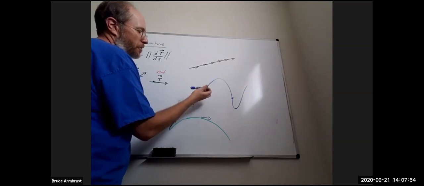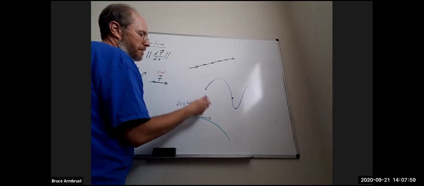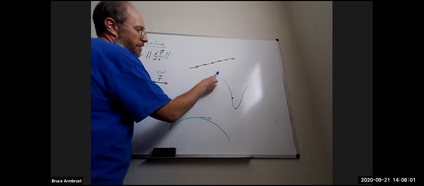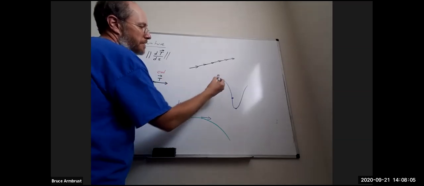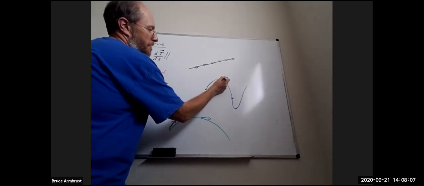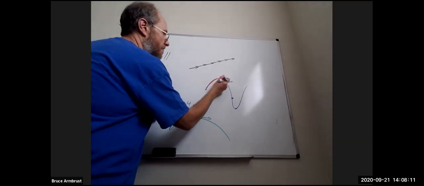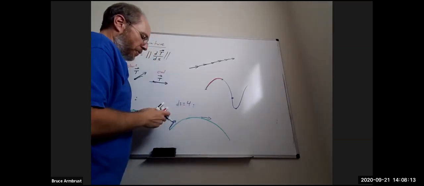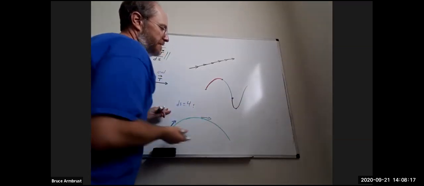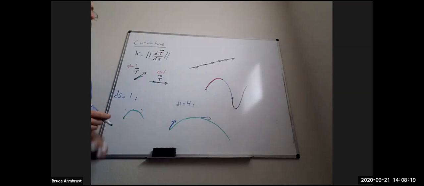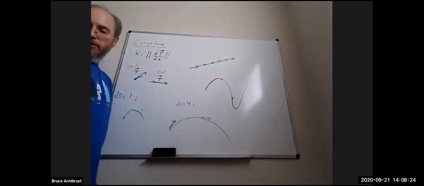To get 1/4 of a rotation, starting here, I have to go until about there. So this distance was how far it took to do a quarter rotation in my t vector, as opposed to this distance on that sharper turn. So smaller ds means bigger curvature.